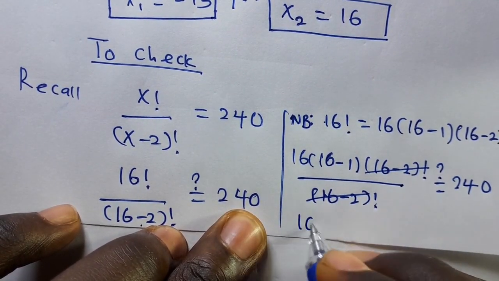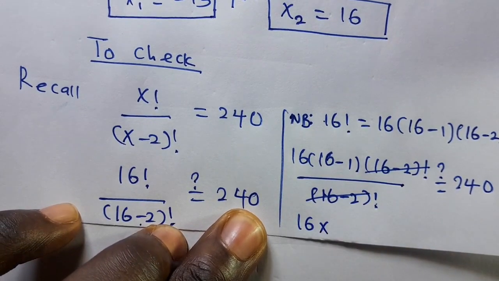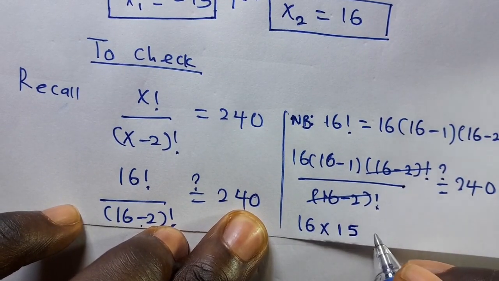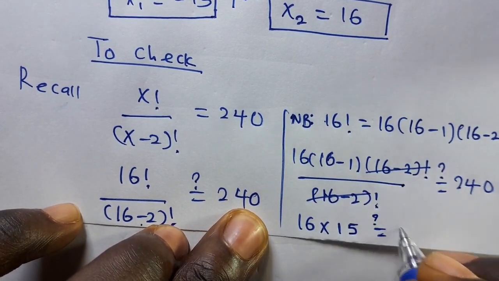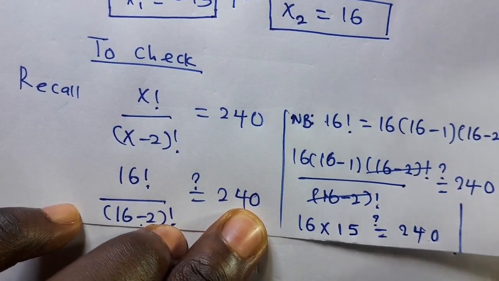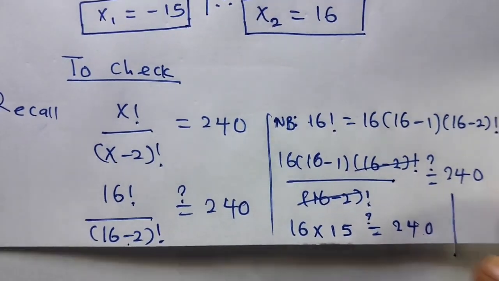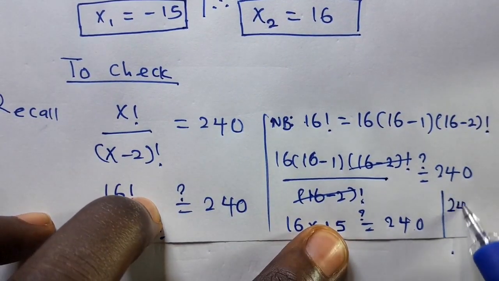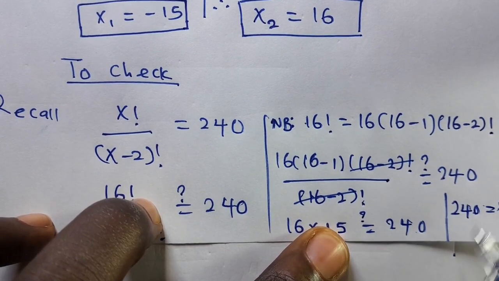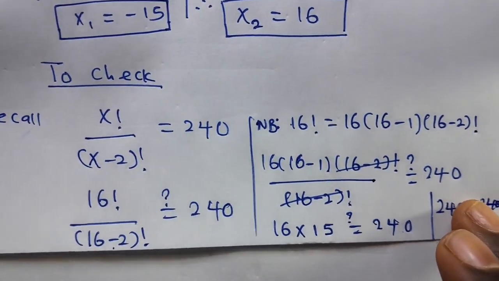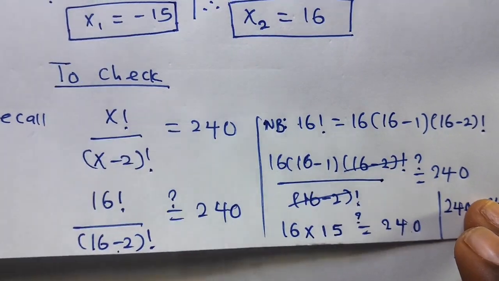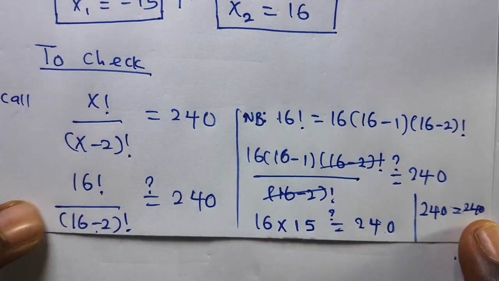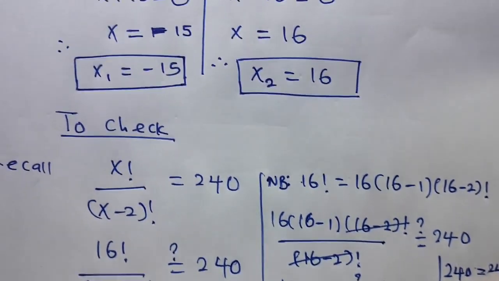This we cancel this out. We have 16 times (16 minus 1), which will be 16 times 15, and is it going to equal 240? 16 times 15 will equal 240. So x2 is correct. So the value of x2 equals 16 is correct.